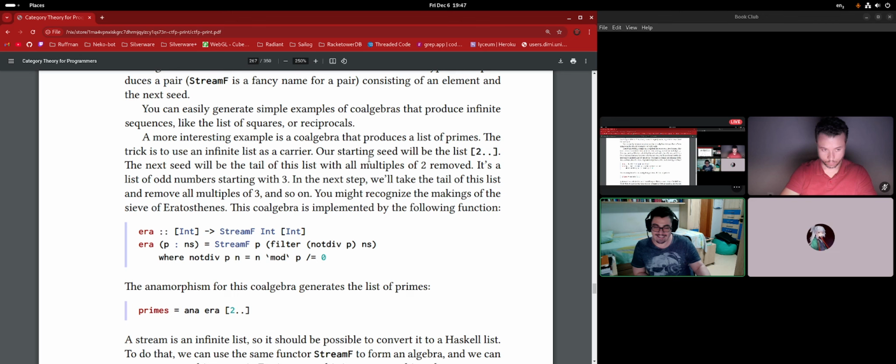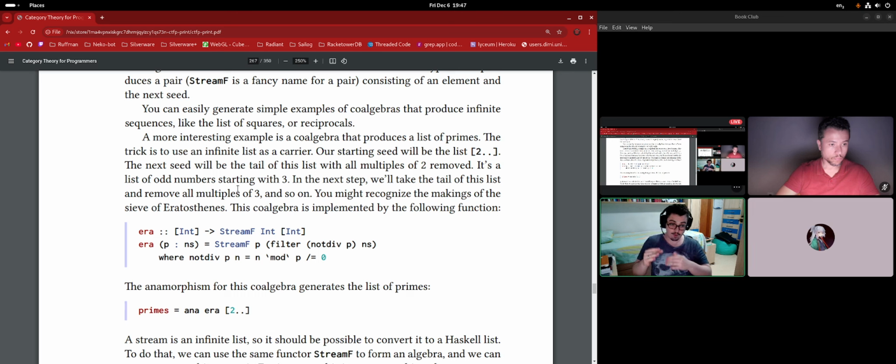And now this one is crazy. This one could be like a challenge in a functional programming course or something. We're gonna write primes using an anamorphism. The trick is to use an infinite list as the carrier. Our starting seed will be the list of numbers from 2.